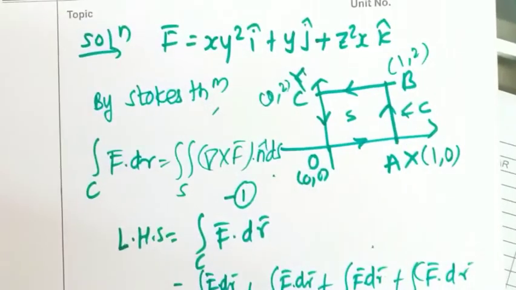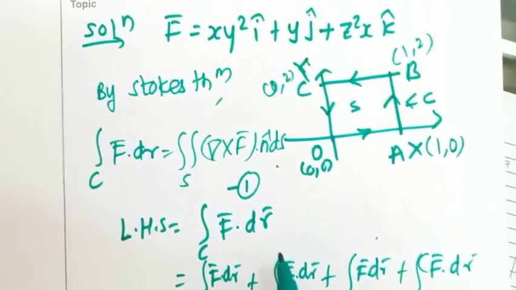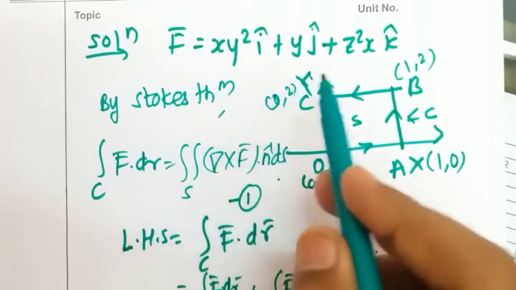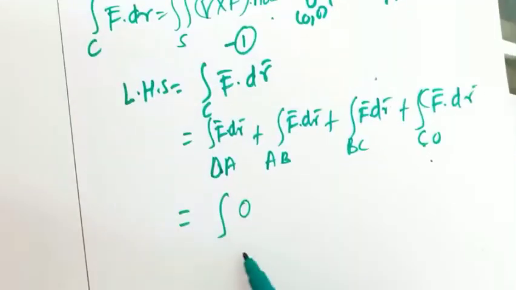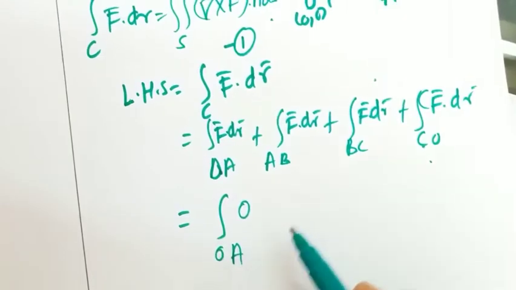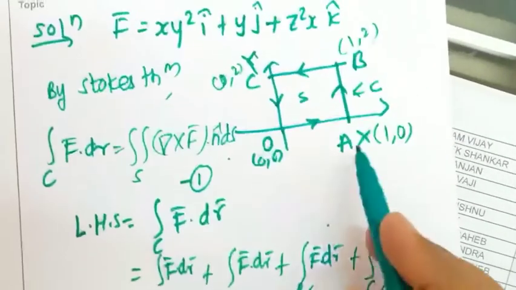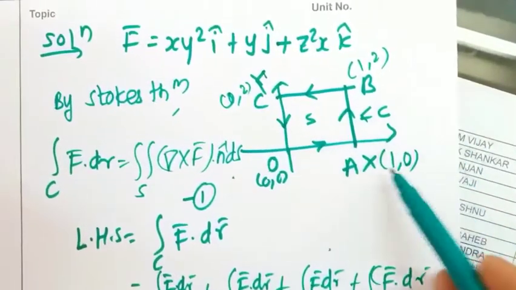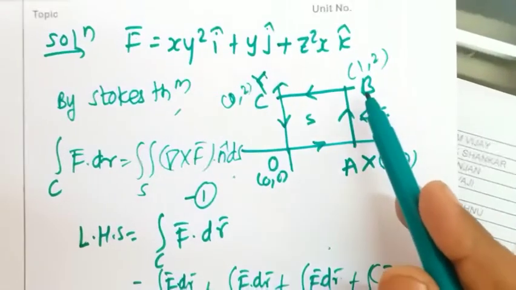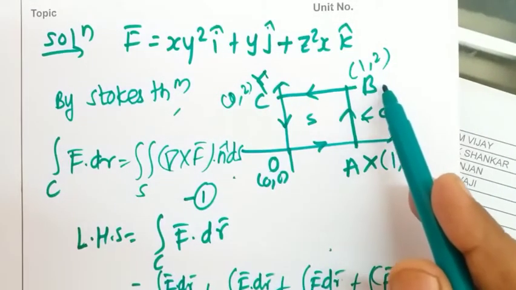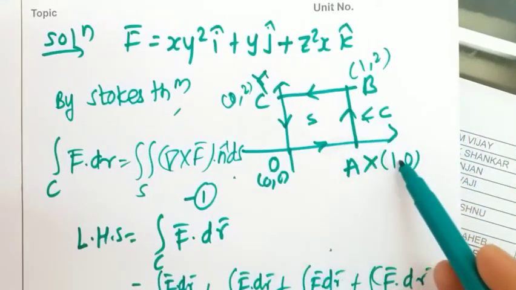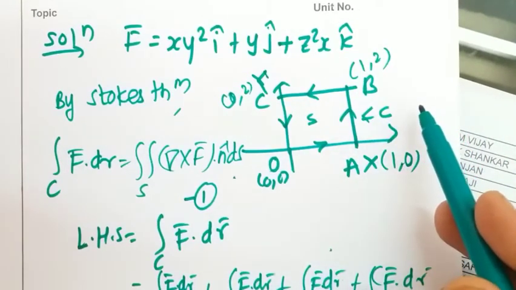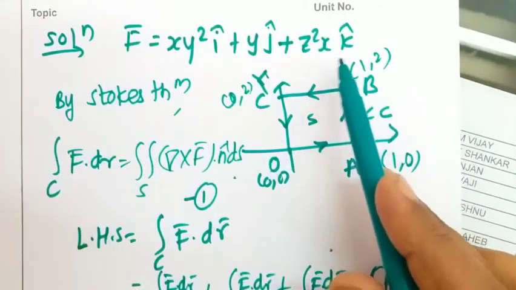So the value of F bar dot dr bar over OA will be completely 0. Then over AB, from A to B, x is fixed, x is 1, right? So if x is constant, dx is 0, and y is changing, y is variable, and z is 0.